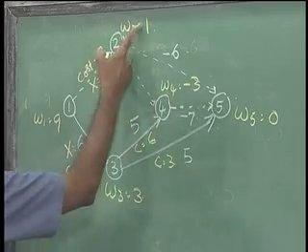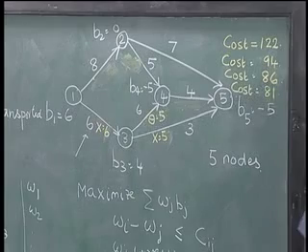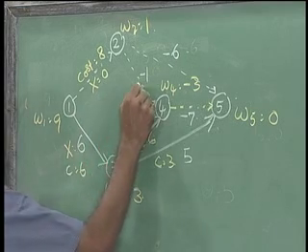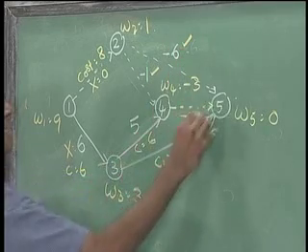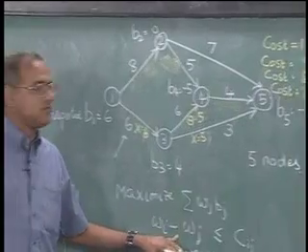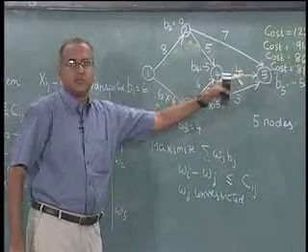So, we get 1 minus minus 3 is 4, 4 minus 5 is minus 1. So, corresponding to the 3 non-basic arcs, the values are minus 1, minus 6 and minus 7 respectively, which means that this dual is satisfied.